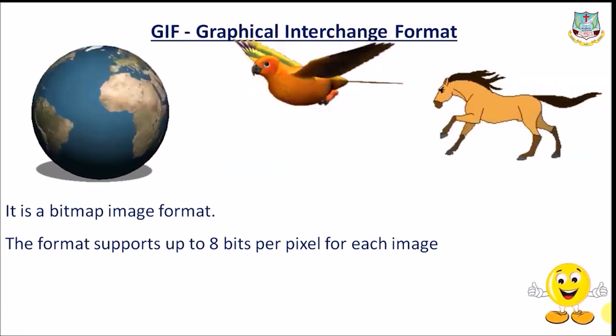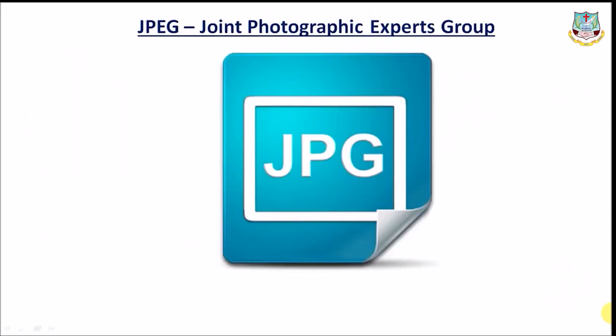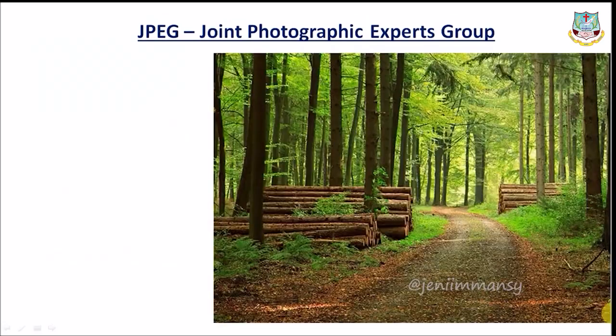Next one is JPEG. JPEG means it is designed to attain the maximum image compression. Nowadays, if you take a pic in a DSLR or a camera, and copy it to a system, it will mostly be converted to JPEG, right? This is the most commonly used file format, okay, for taking photos and for everything.